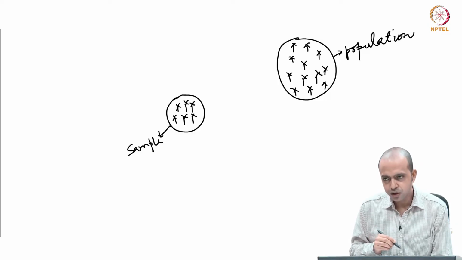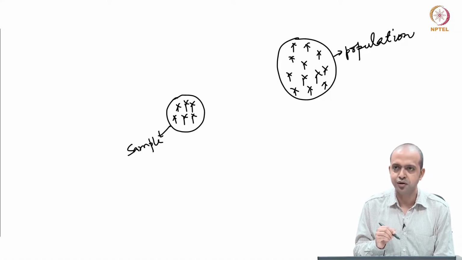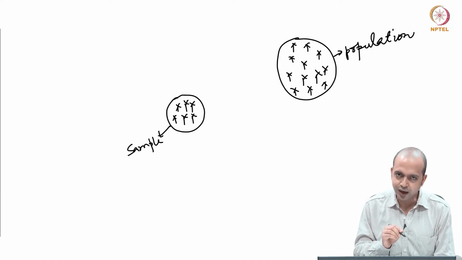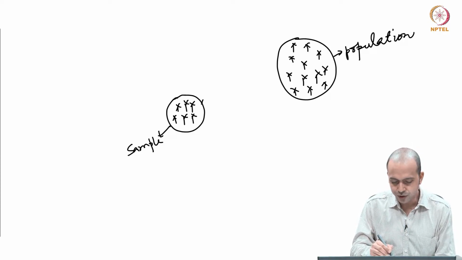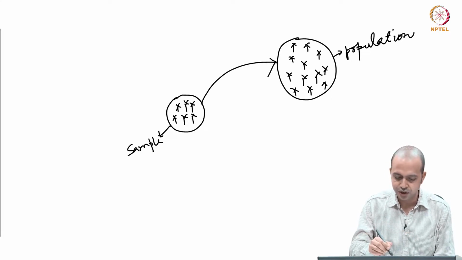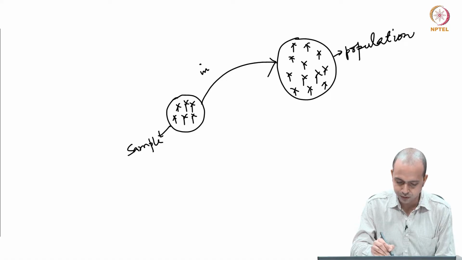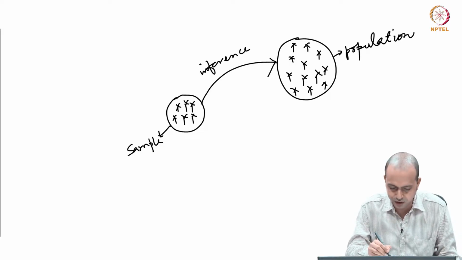By observing this sample, we will apply econometric tools on this sample, and then we will try to infer something about the population. This is about inference making.